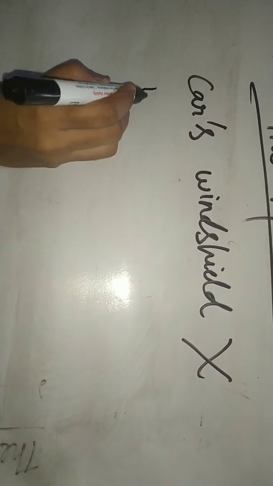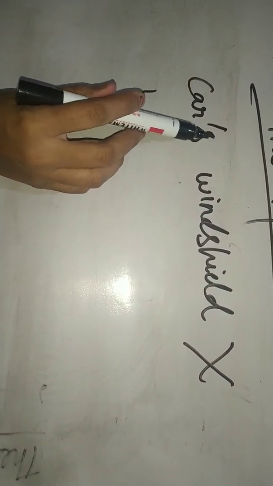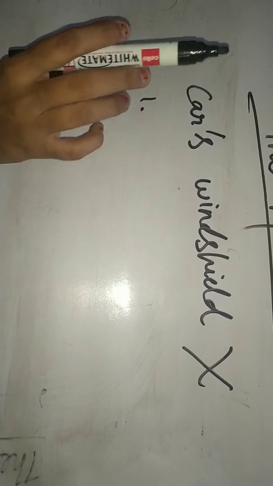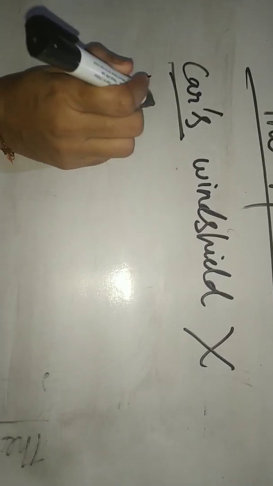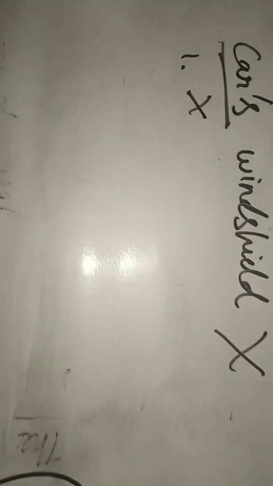In the first point I told you that it is used to show noun's possession, to show that something belongs to some person or living thing. This apostrophe shows that something belongs to a noun, a person or a living thing. The apostrophe is not used in case of non-living things. Clear? Okay, let's move to the next point.